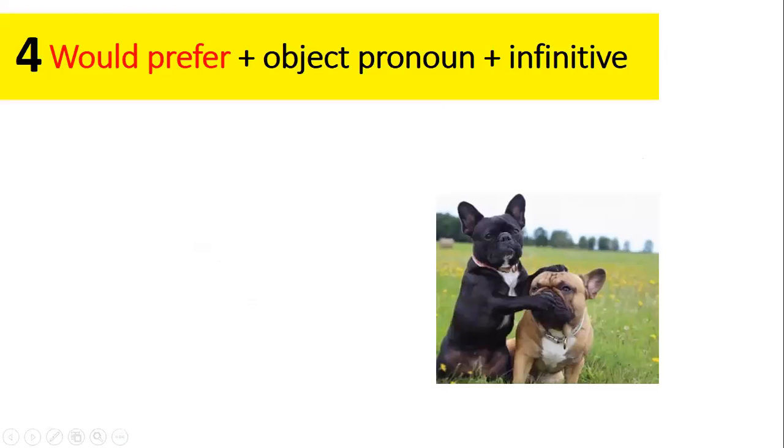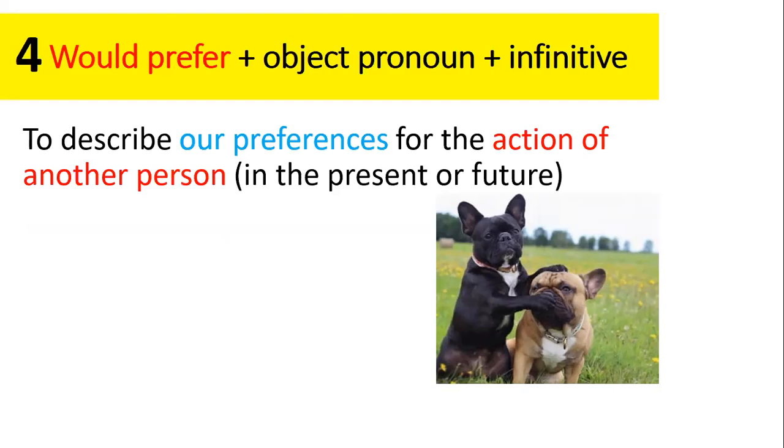And this is the latest type of preferences. Type 1 is general preferences, and types 2 and 3 are specific preferences. That's all about your own preferences. Type 4 is different: it describes our preferences for the actions of another person.